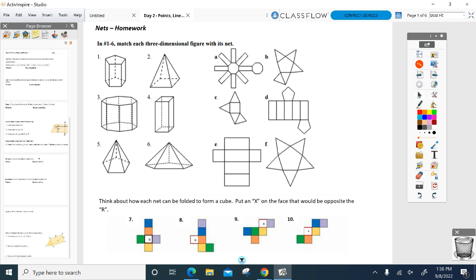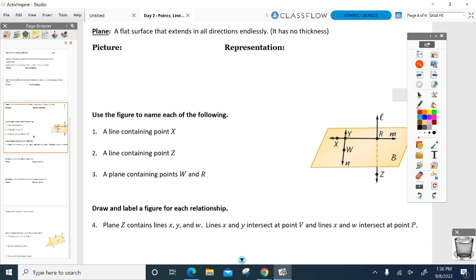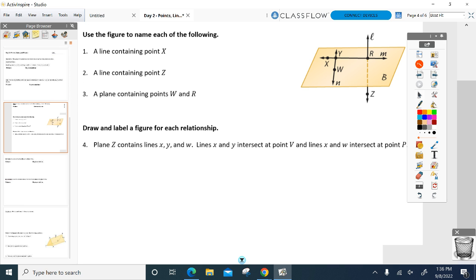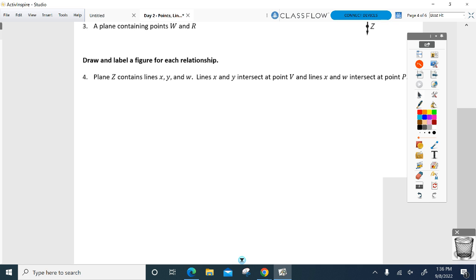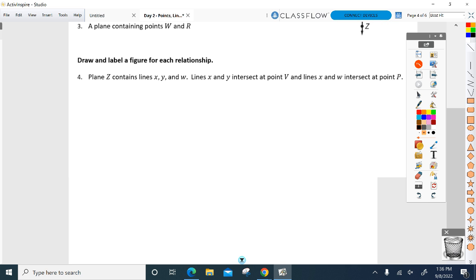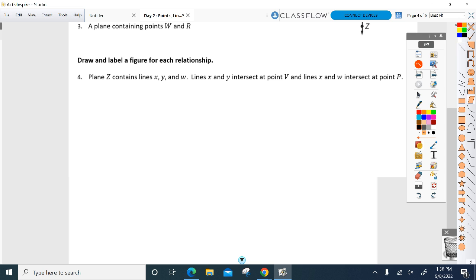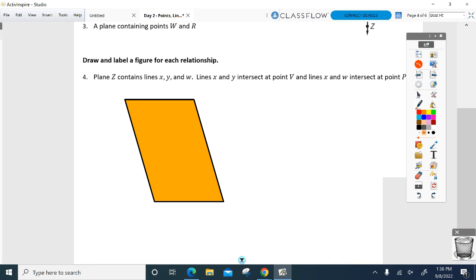Down, yeah. And then we'll make this point P. Yeah, the intersection is point V, right? We have to have one more, X and W, to intersect at that point. So you just do another vertical one to Y. And then this is P.